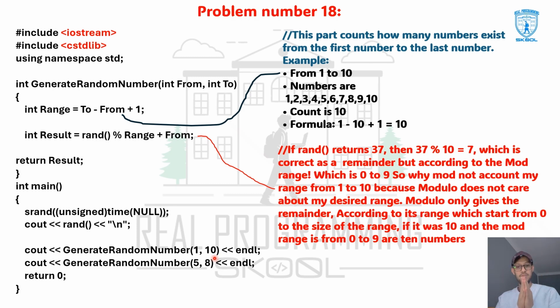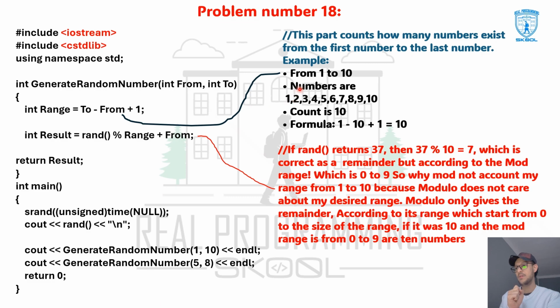I have 10 numbers within my range that I set in the parameters of generate random number, as you saw on the slide. 1, 10, right? So the formula of this line of code, to minus from plus 1, sets the size of my range.